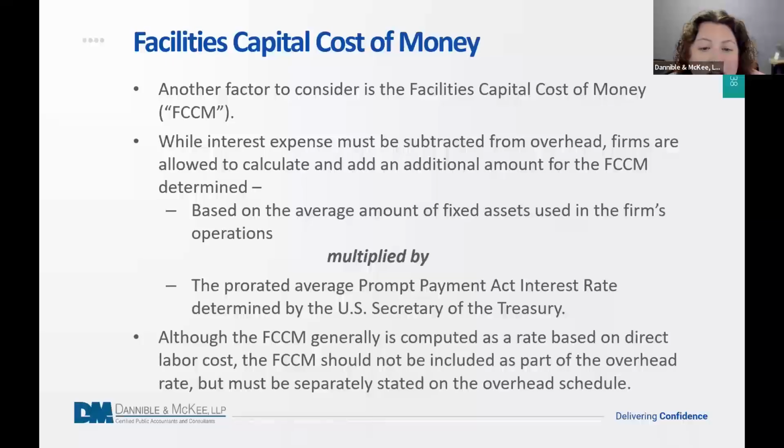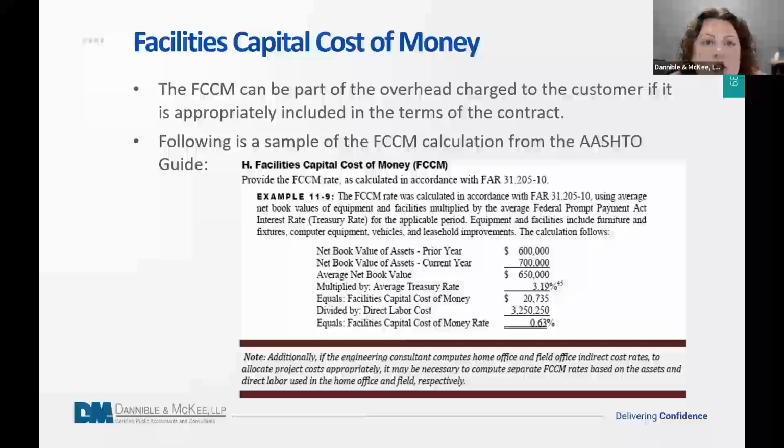So although the FCCM generally is computed as a rate based upon indirect labor, the FCCM should not be included as part of your overhead rate, but simply a rate stated on your overhead rate schedule. So the FCCM can be part of your overhead charge to the customer if it's appropriately included in the terms of the contract. So you'll want to check that to see if an FCCM is allowed.